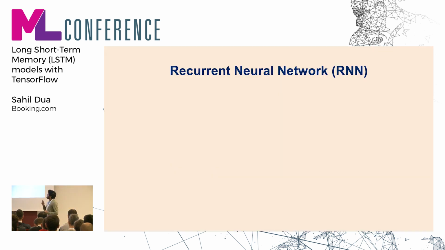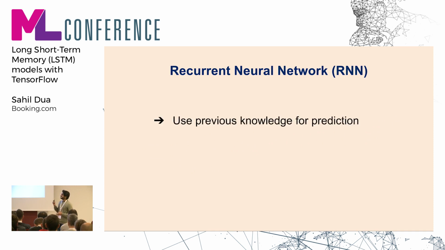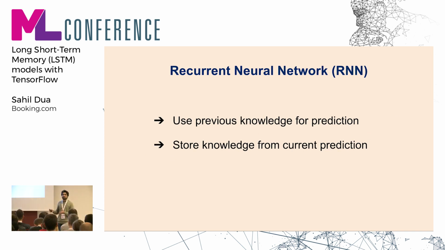So recurrent neural networks use the previous information, the previous knowledge that they build, whenever they are going to predict something. And another thing they do is store the knowledge that they gain from the current prediction.